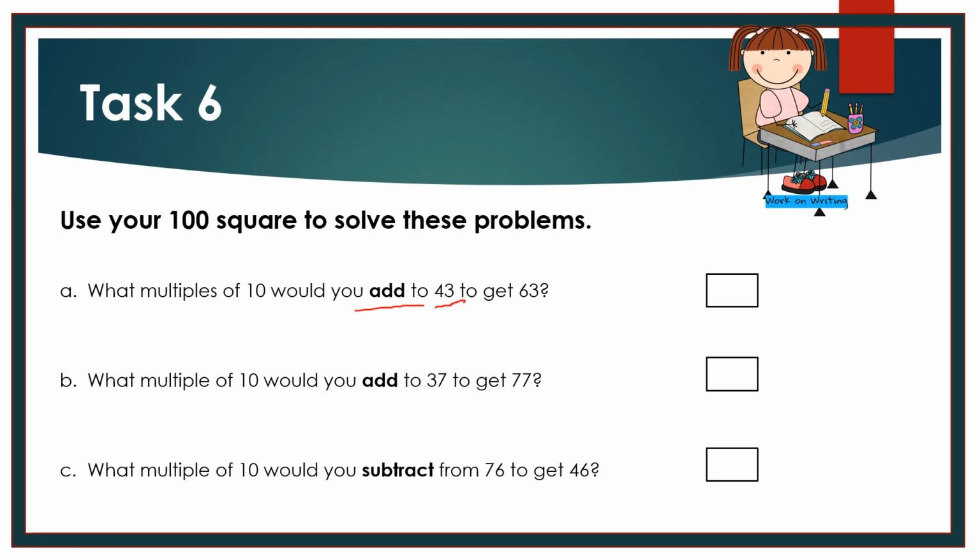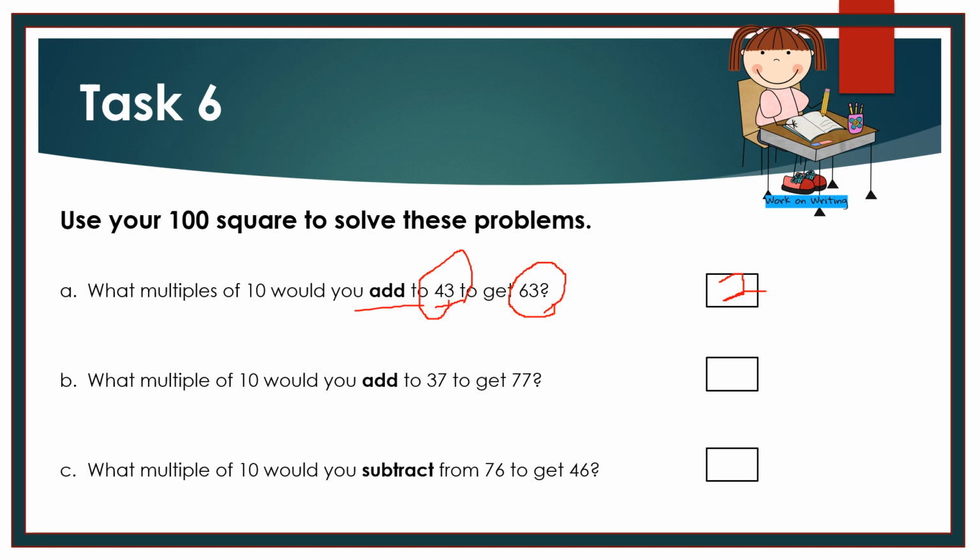From 43, you have to count on in tens until you get to the number 63. Okay? So count on in tens. Go to 43. Count till you reach 63. You are right. You will have to count on 2 tens.